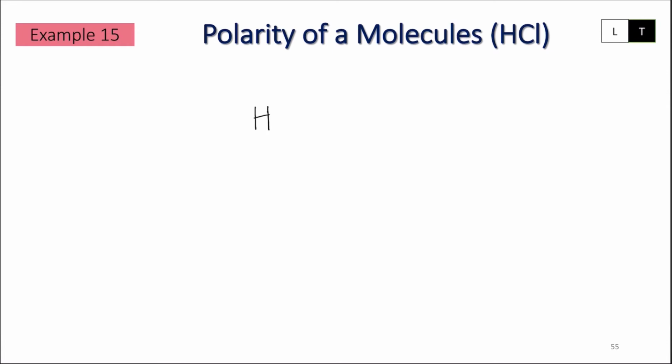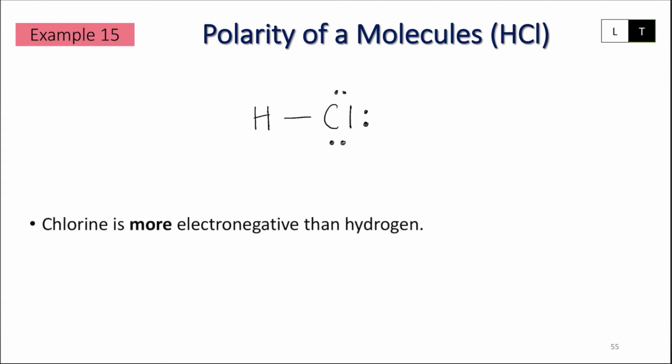So, awak akan dapat like this, H bonded to Cl dan Cl ada 3 lone pair. So from here, awak boleh nampak chlorine is more electronegative than hydrogen. That is why saya akan label partial negative on chlorine and partial positive on hydrogen.